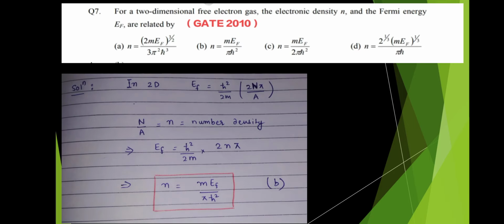So here also I will solve. We know that EF equals h bar square by 2m times 2 pi n by a. Now n by a is the number density, that is the number of free electrons per unit area. In the 2D case, this is the number density. So if you solve, option B would be the correct answer.